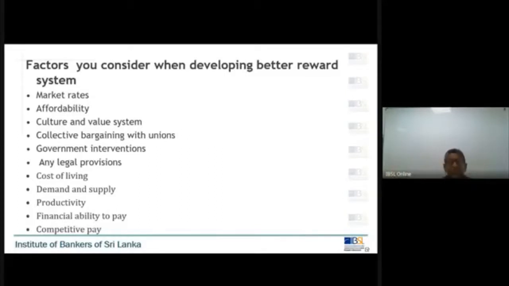All these factors you need to look at for a better reward system, not only one factor. For banks especially, competitive pay, market rates, affordability, and collective bargaining power with unions are all matters you take into account when developing your system.